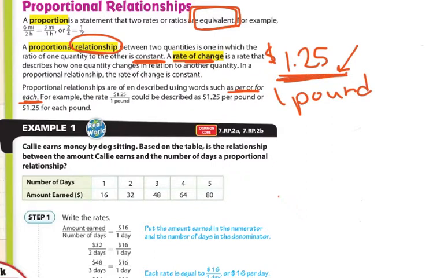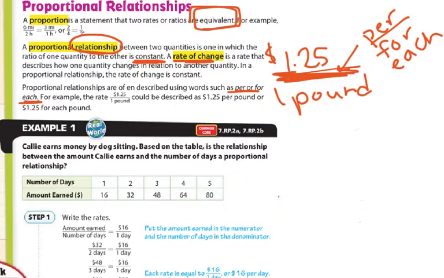I can't think of it right now. But that division line right there, remember we said it stands for per, right? Or for each in this case. That'll help you know what's in the numerator and what is in the denominator. So if we say $1.25 per pound, we know that the numerator is the $1.25, and then the per stands for that line right there that you guys remember and I don't, and then we have the denominator.